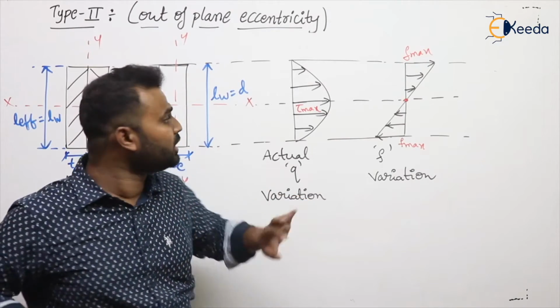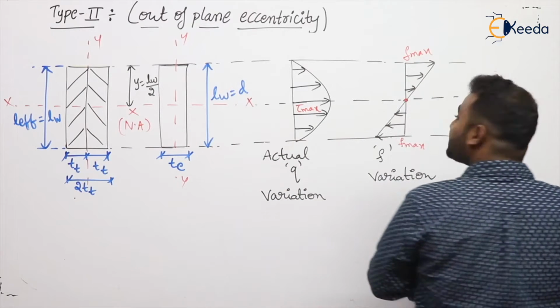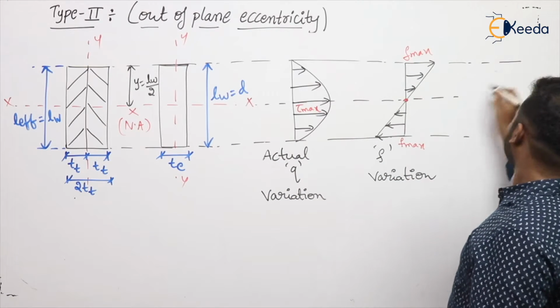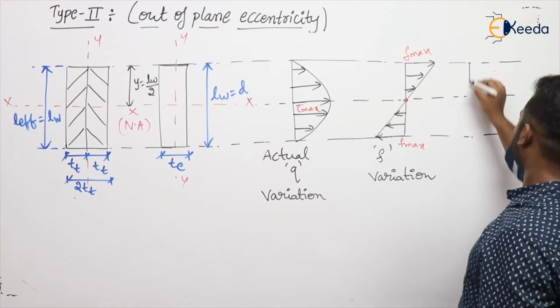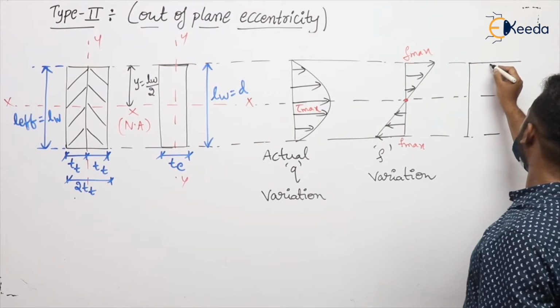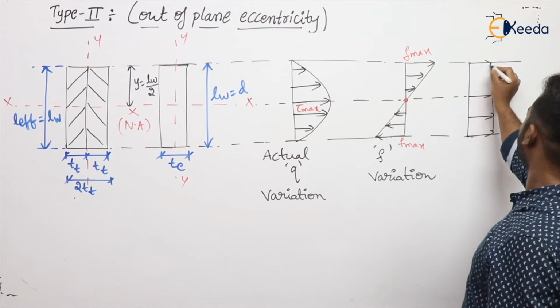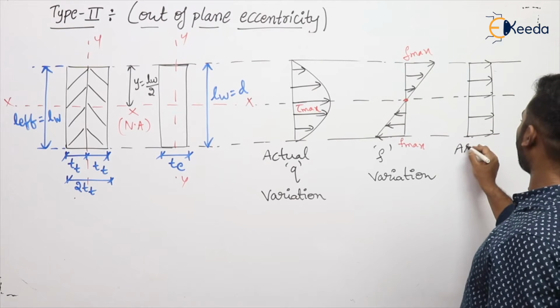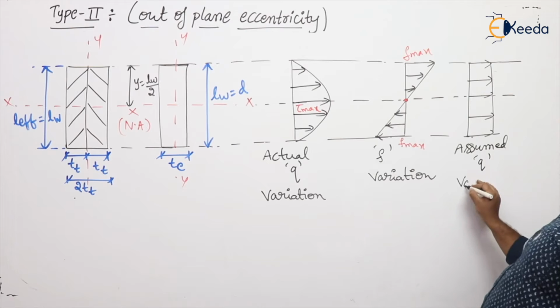So, because of that reason, we assume this shear stress variation as uniform, just like in RCC. So this is the actual shear stress variation, but we assume it like this, uniform. This is the assumed Q variation.